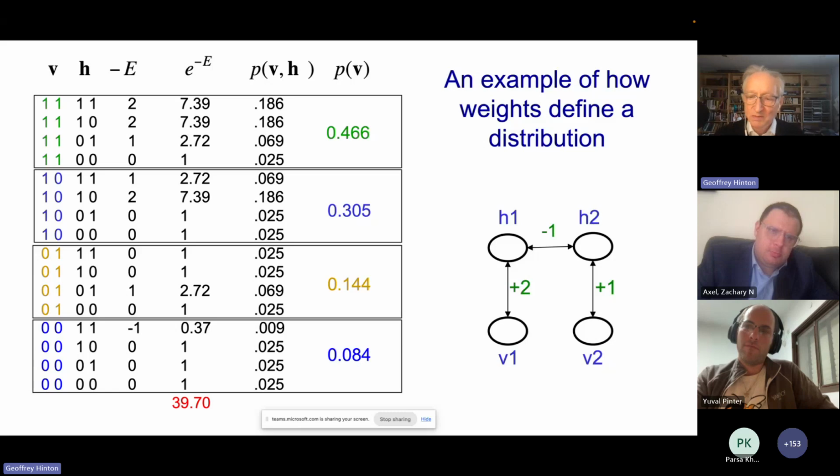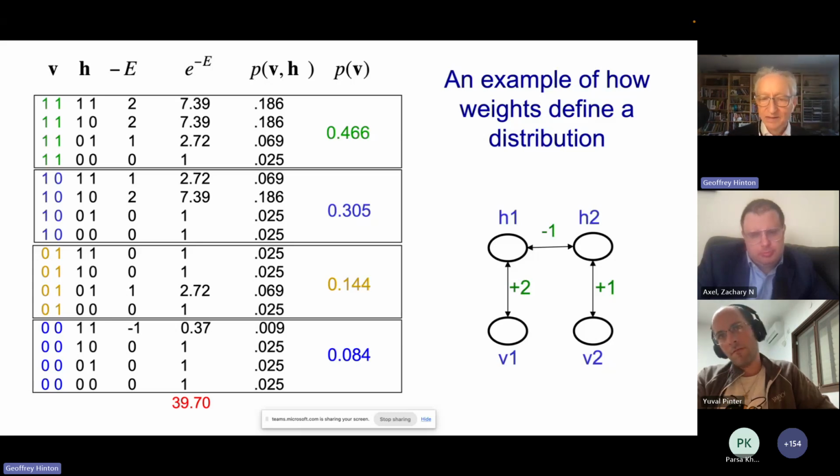So that's how these 3 numbers, the +2, the -1, and the +1, model a probability distribution over visible vectors. And obviously, if you had a training set that said the vectors 1, 1 and 1, 0 are quite common, and the vectors 0, 1 and 0, 0 are quite rare, this would be not such a bad model, because it would make the 2 that are quite common more probable, and the 2 that are quite rare, rarer.